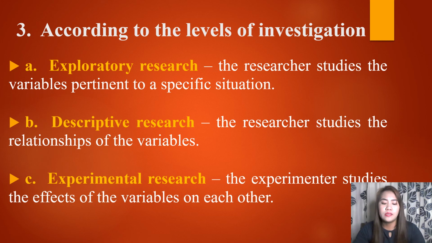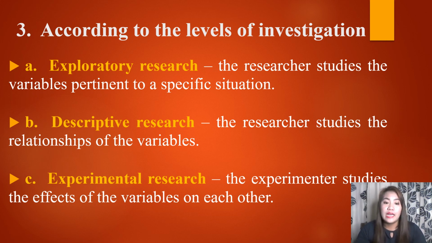It focuses on answering how, what, when, and where questions of the research problem rather than the why. Okay? And also for experimental research, the experimental studies the effects of the variables on each other. The purpose of experimental research is to establish the existence of a cause and effect between two variables.